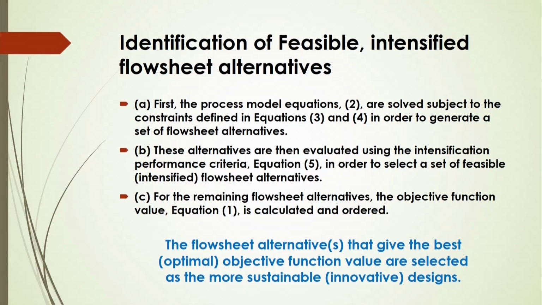After that you have to evaluate these alternatives using the intensification performance criteria, and then finally equation 5 is used to select a set of feasible flow sheet alternatives, and for the remaining alternatives the objective function value is calculated and ordered.